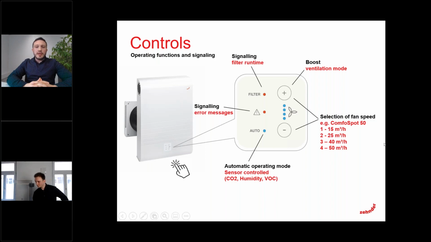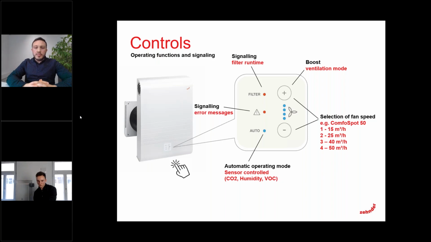Mainly you definitely have very good access to this unit. And then it has a control directly placed on the unit with different functions and signaling. So you have 4 different selections of fan speed that start with 15 at the minimum and go up to 50 cubic meters per hour with a Comfort Spot 50 or 60 with a Comfort Air 70.